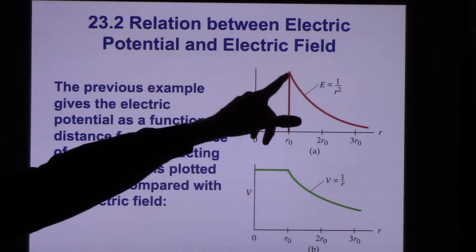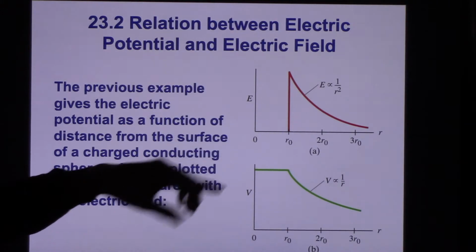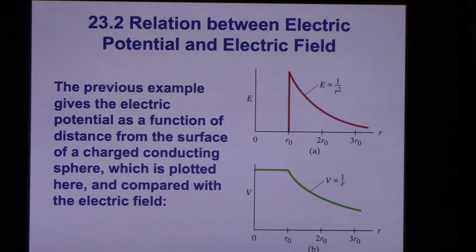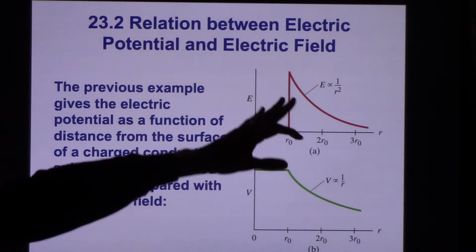This sudden drop-off down to no E field at all inside tells us that was the charge all along the surface. Doesn't matter if it's a conductor or an insulator. If all the charge is on the surface, then the electric field inside would be 0. So that's what it looks like.